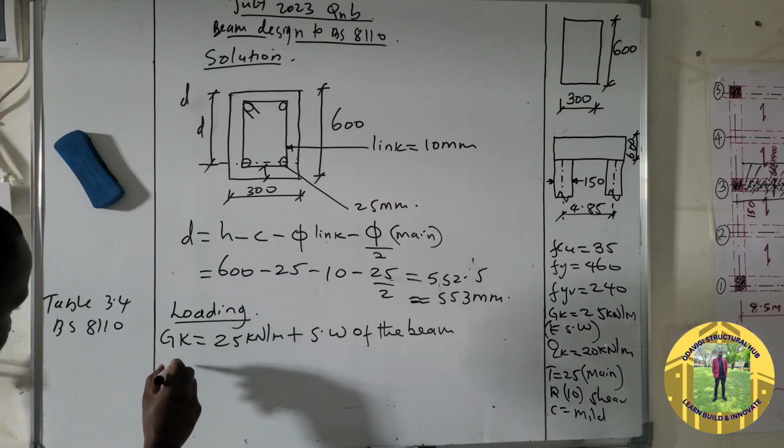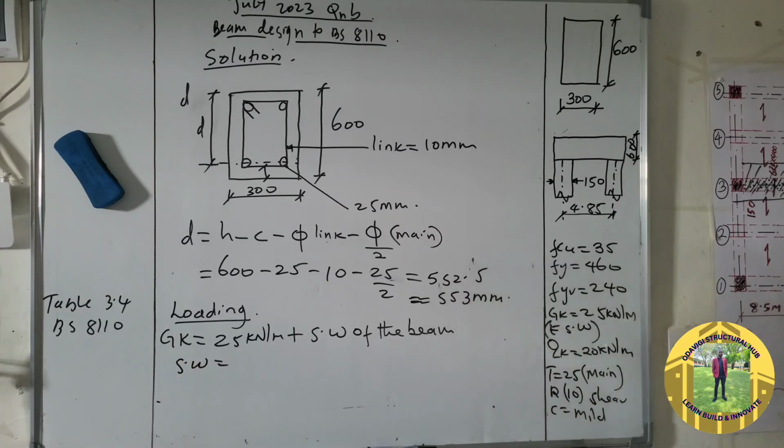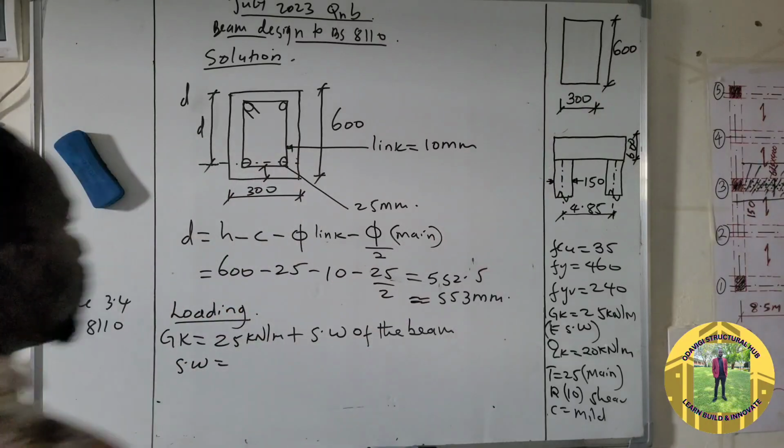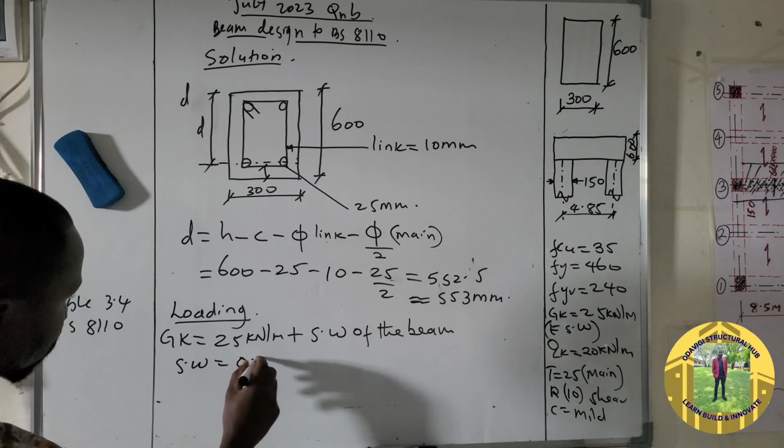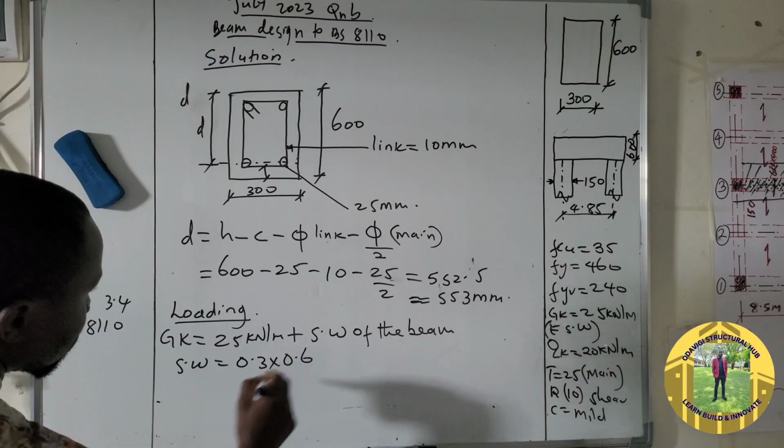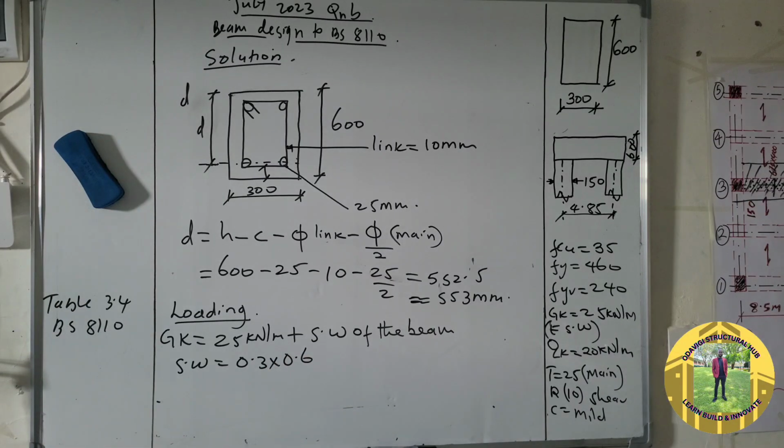To calculate the self weight of the beam, you take the cross-sectional area. So this will be 0.3 times 0.6. We have changed from millimeter to meters.